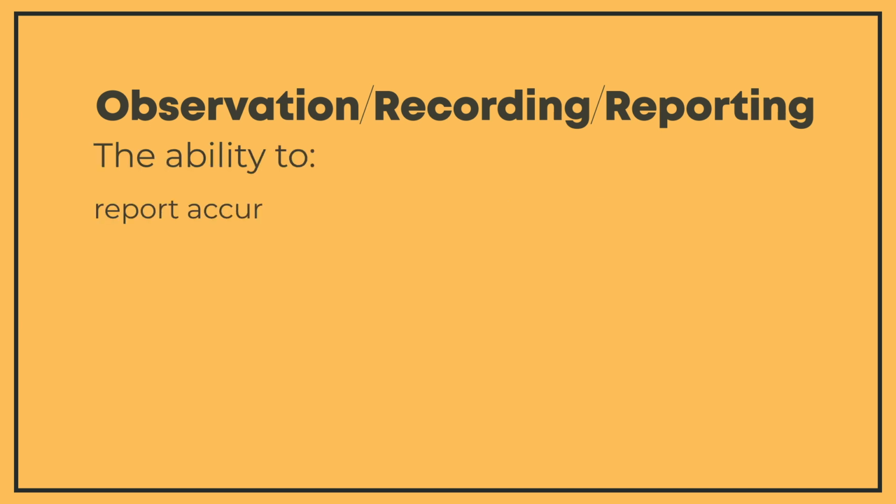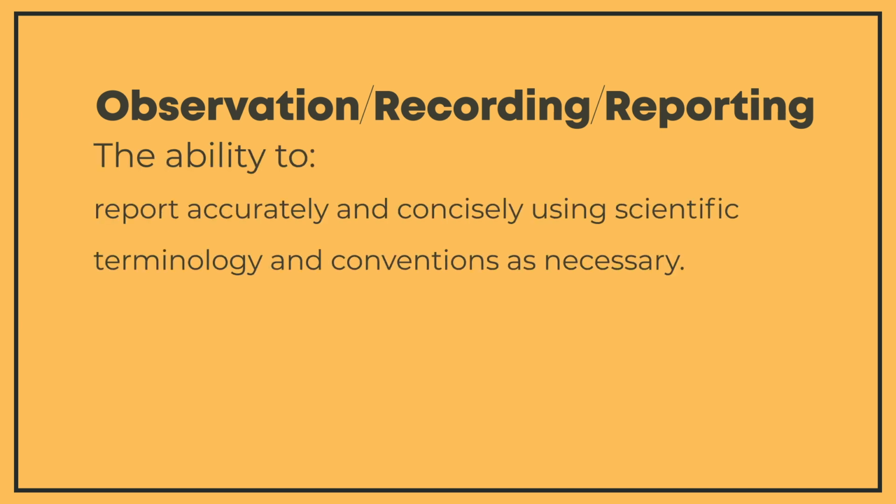And finally, in this aspect, you need to make sure that your scientific terminologies are expressed. Keywords are very essential when explaining certain points or topics, because you don't want to explain something but then you are not utilizing the right words. So those are the things that they look for when we talk about observation, recording, and reporting.